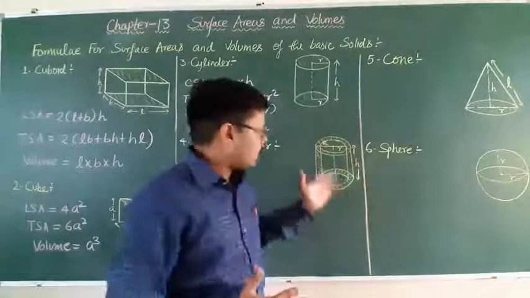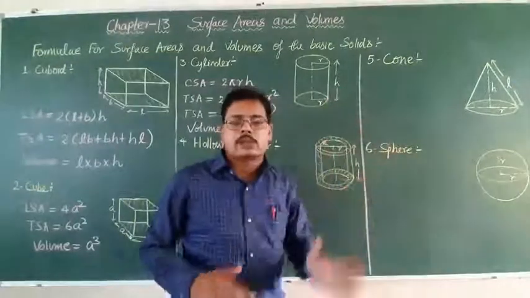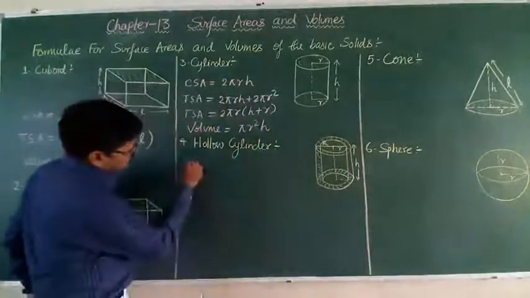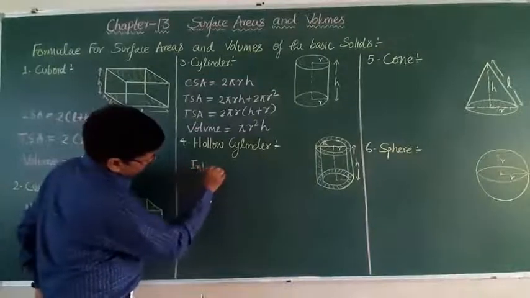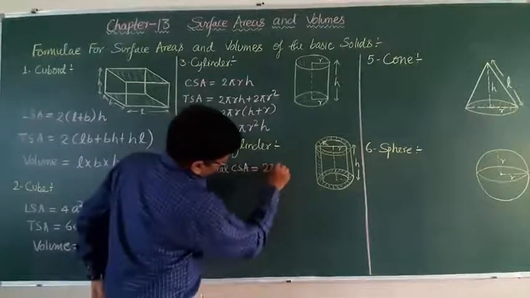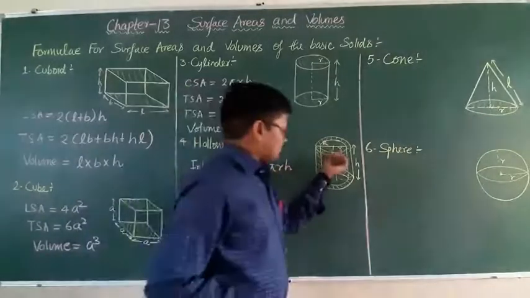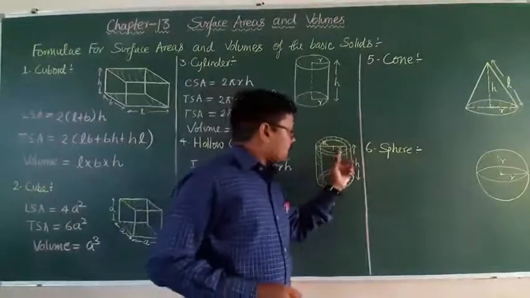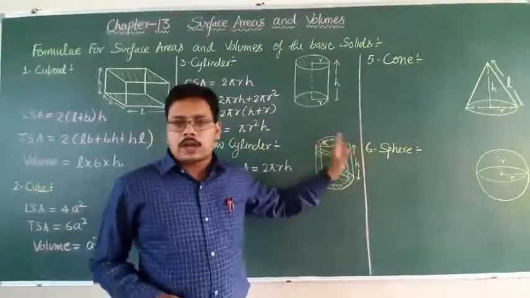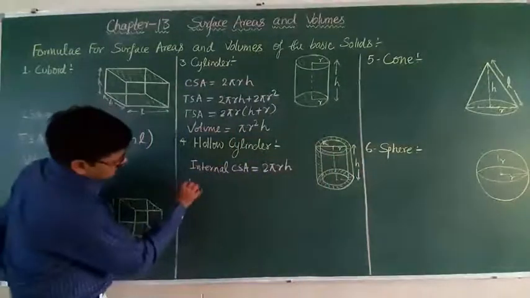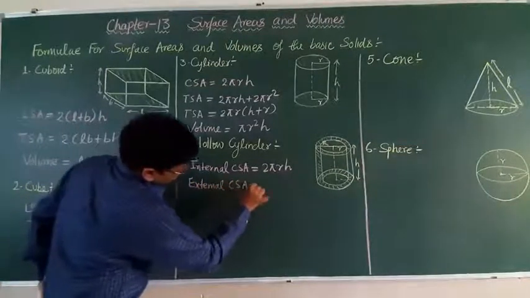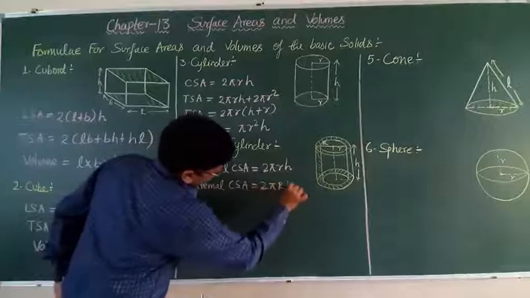Internal CSA means you can touch and paint inside, and outer also you can touch and paint. So the internal CSA is 2 pi small r h. The internal cylinder radius is small r, and for the external radius, that is capital R, and height is h, and the external CSA is 2 pi capital R h.